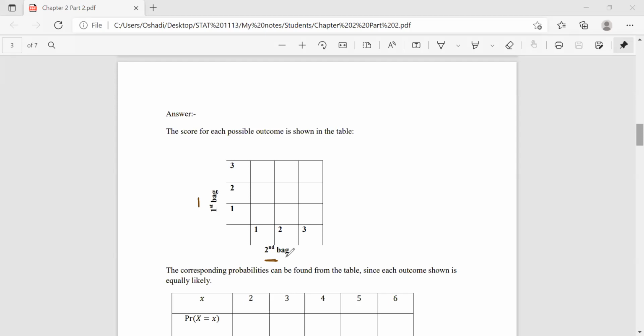In each bag there are three counters. If the first counter of the first bag and the first counter of the second bag are chosen, the sum of the two numbers on the counters is equal to 2.